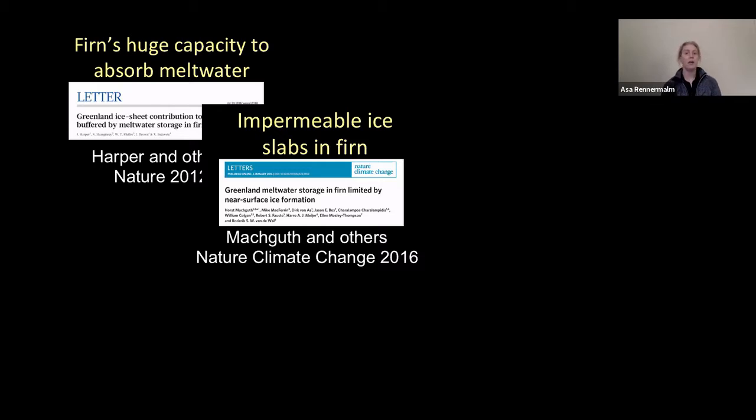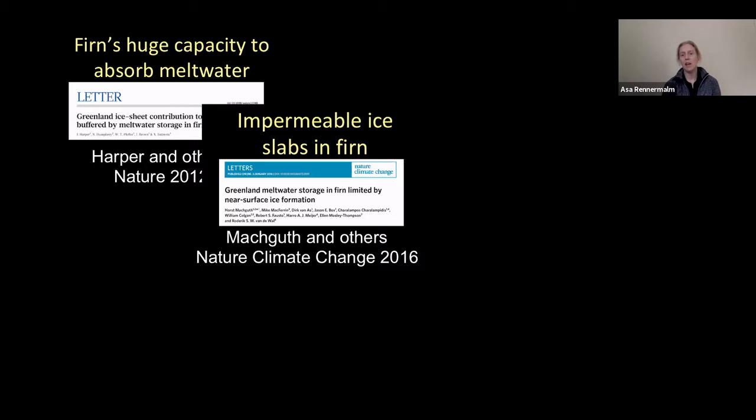And they also found evidence that those ice slabs had made an impervious layer on top of the porous firn. So subsequent meltwater couldn't infiltrate through those ice slabs to the porous firn.